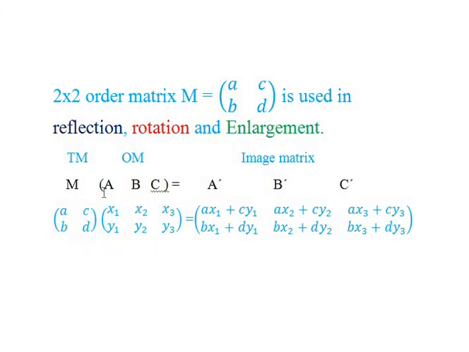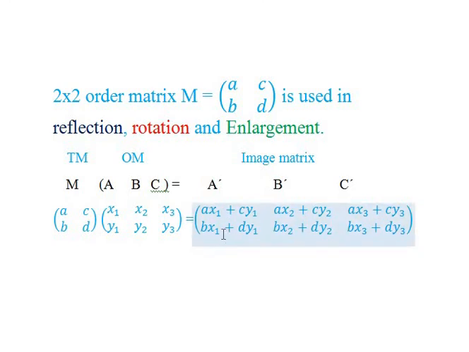One thing we should remember is that the coordinate of a point should be written in column form. Here (x1, y1) is the coordinate of A, (x2, y2) is the coordinate of B, and (x3, y3) is the coordinate of C. When we multiply these two matrices on the left hand side, we get the matrix on the right.